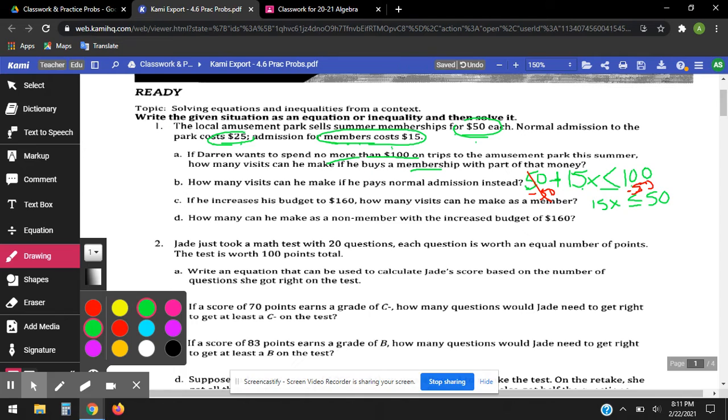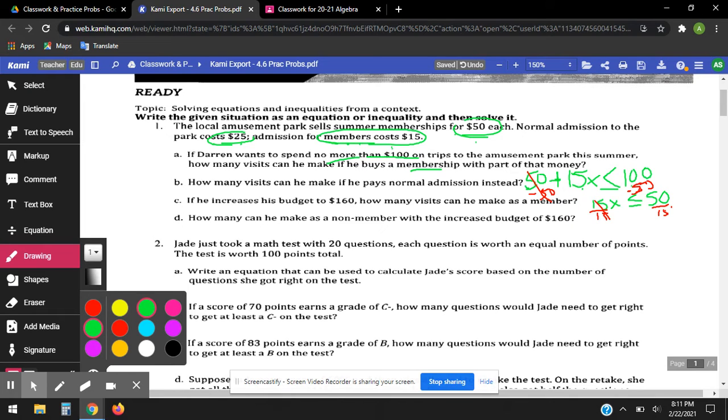And when we go to solve that, we need to divide by 15 on both sides.